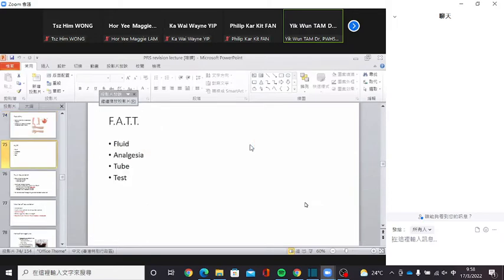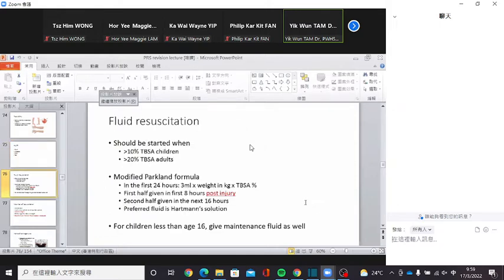Then after A, B, C, D, E, and some limb-saving, life-saving procedures have been done, we will proceed with FATT, namely the fluid and the burn wound care treatment. So for fluid resuscitation, this slide is important. When do we start fluid resuscitation? For kids, we start when the TBSA is more than 10%, and for adults, we start when it is more than 20%.